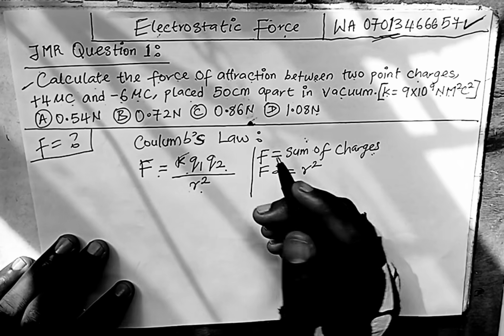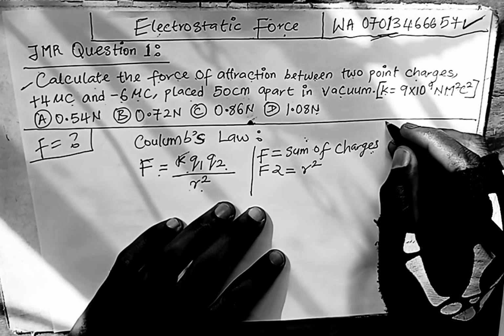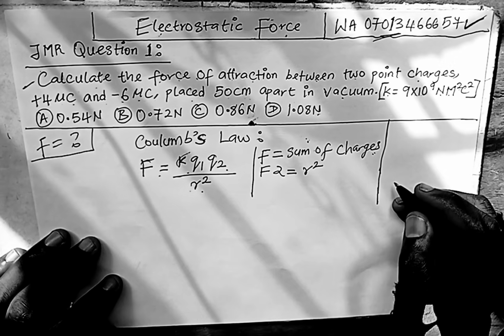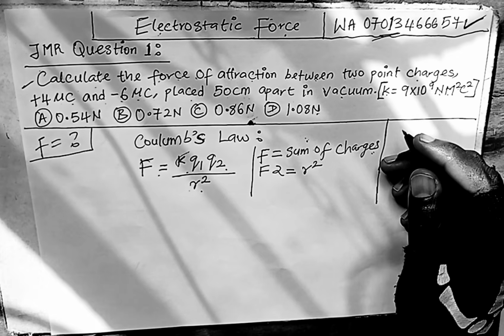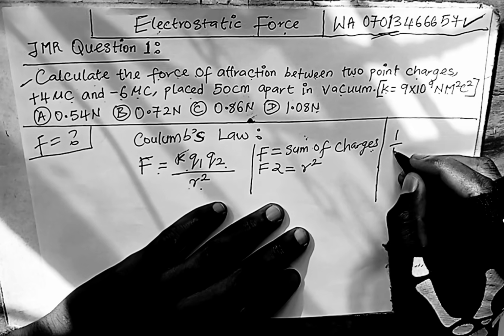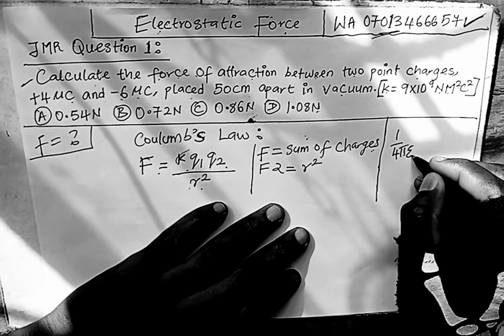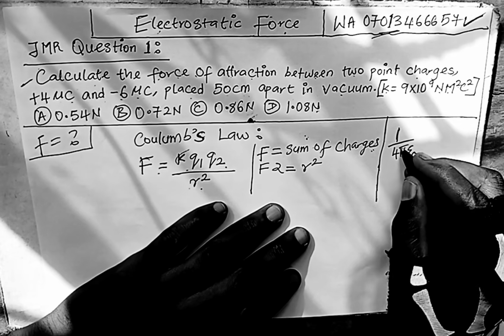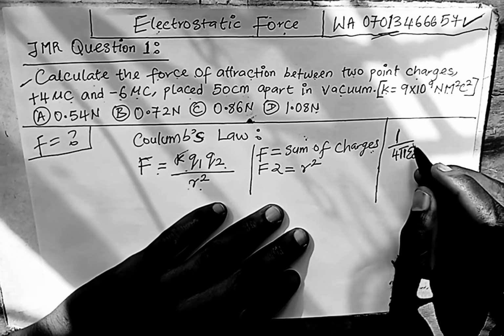Do not forget that you can be given a question where you have to include a constant, which is 1 over 4 pi epsilon naught, the permittivity of free space. If permittivity of free space is involved, you have to include it in the formula.